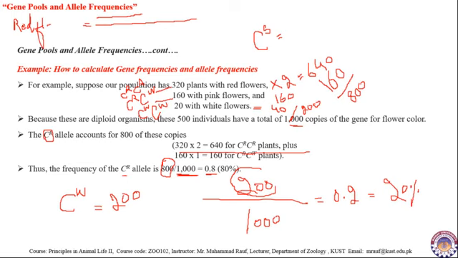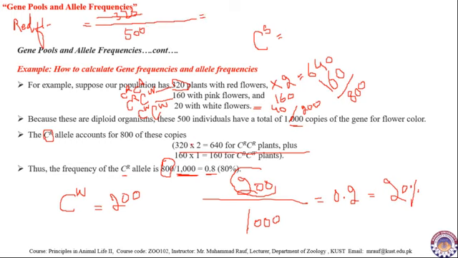Here we want to calculate the genotype frequency for red flowers. Now how many red flowers are there? 320. So you write 320 here. All the genotypes number 500, so you write 500 here, and then sum it up.